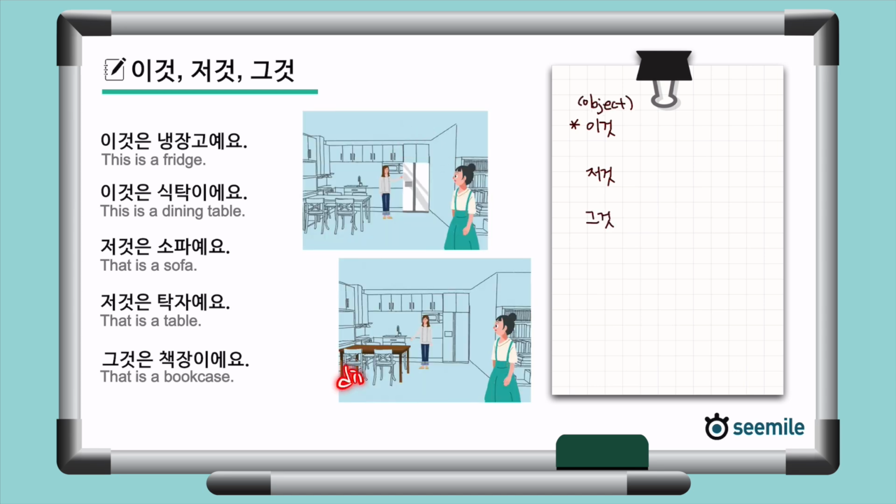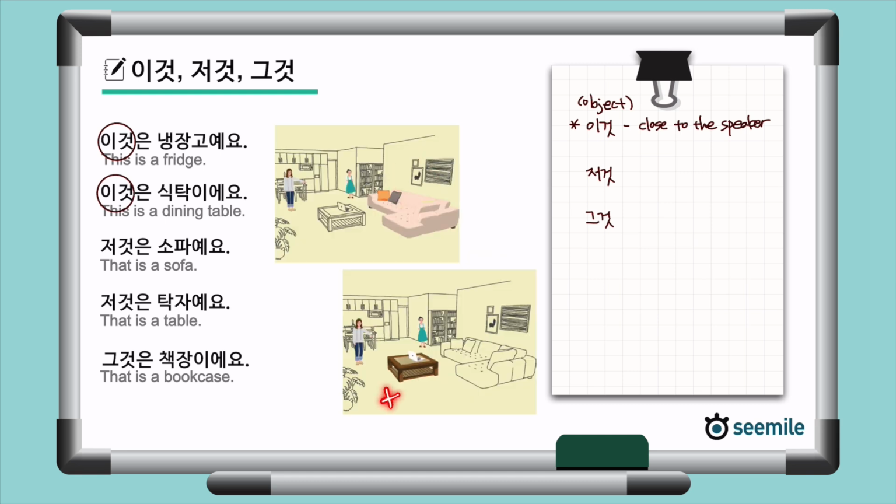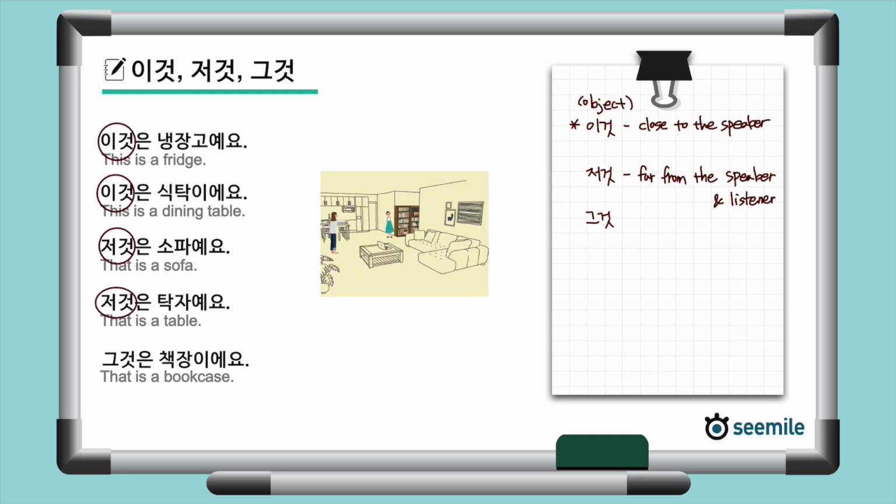The fridge and dining table are physically close to Aram, so she uses the word 이것 while pointing at something that is close to her and says 이것은 냉장고예요. 이것은 식탁이에요. The sofa and the table are far from both Aram and Hitomi, so 저것 is used, the word to point out something that is physically far away from both the speaker and listener. 저것은 소파예요. 저것은 탁자예요.